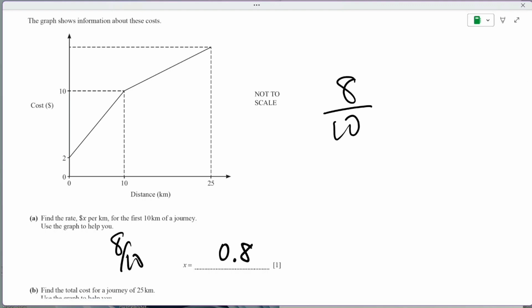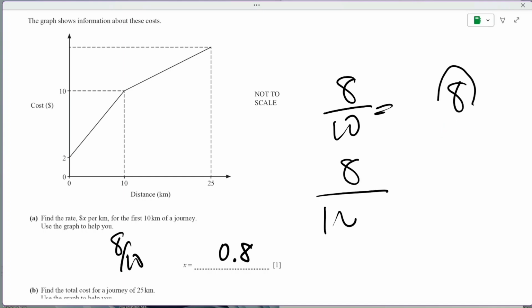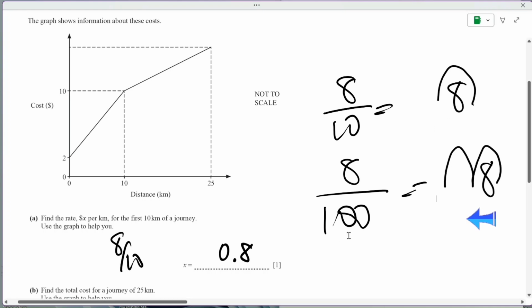8 over 10 is like having 8 with the decimal behind it. Then the 10 means you move one step from the right to the left. So you go 1. If it were 8 over 100, you have your 8 here, that means you move 2 steps. You go 1, 2. Let's just say the number of zeros determines the number of steps you move.